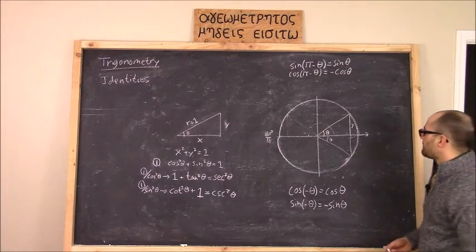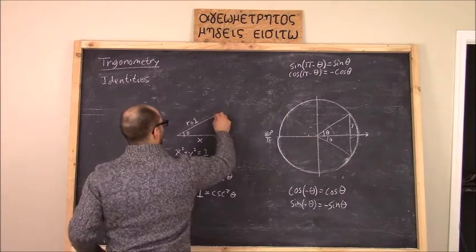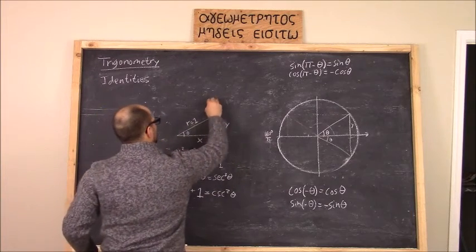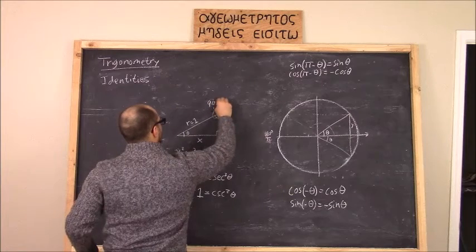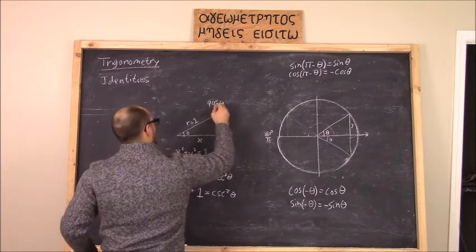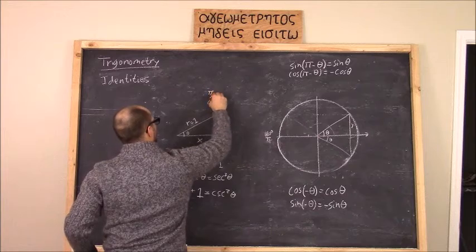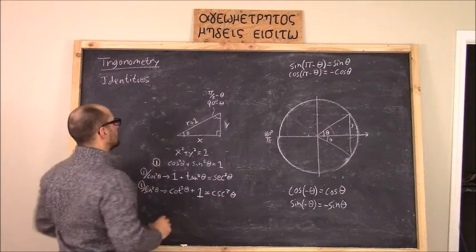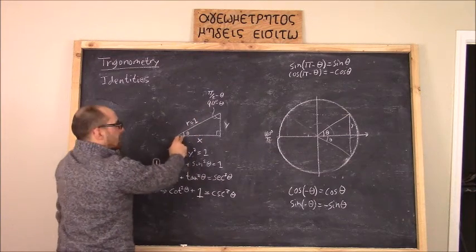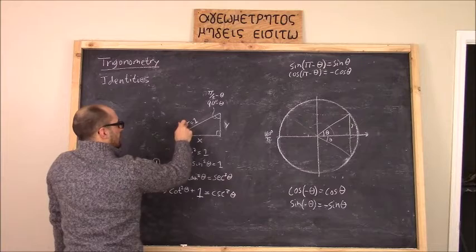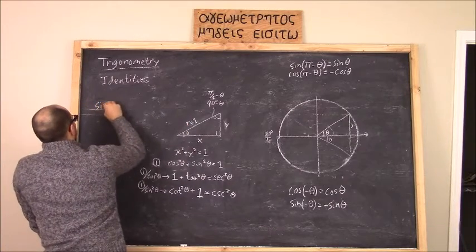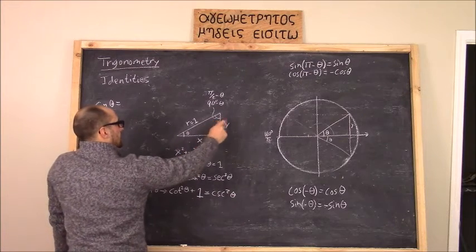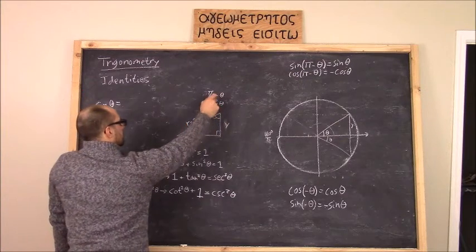So that'll come back. Remember from our triangle, what's this angle here? This is 90 degrees, so this is going to be 90 minus theta. Or in radians, that's pi over 2 minus theta. If sine theta is opposite over hypotenuse, that's going to be the cosine, adjacent over hypotenuse, of this angle.